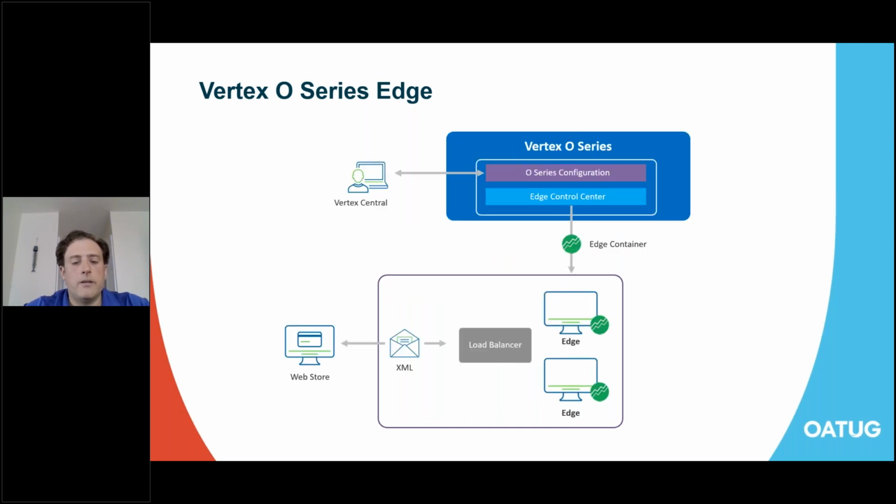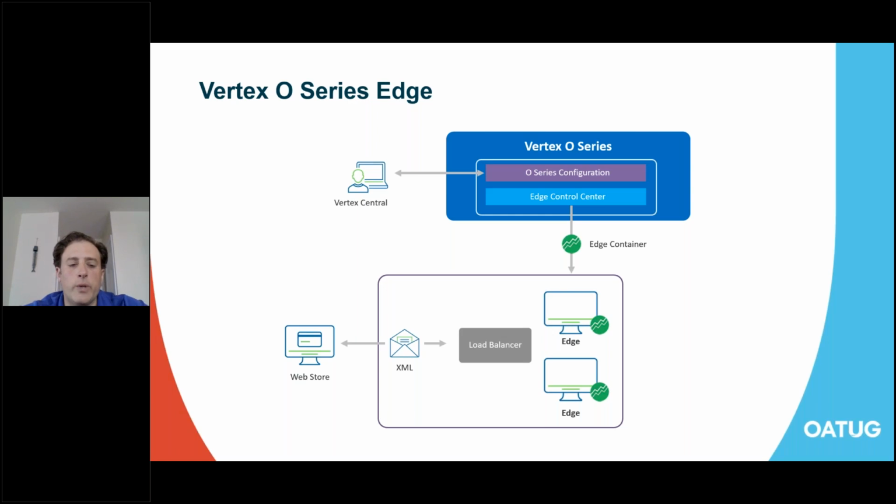You can see here an example of a web store that is being supported by the same methodology. I think the difference here is that within a web store, companies often have the need for high scalability.